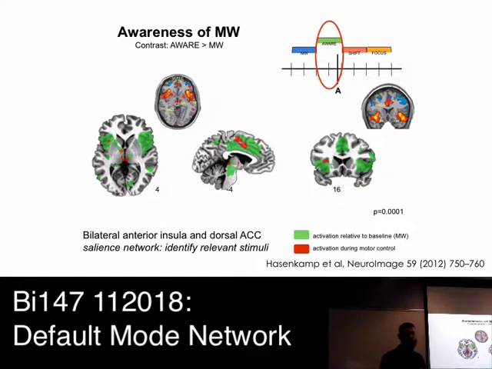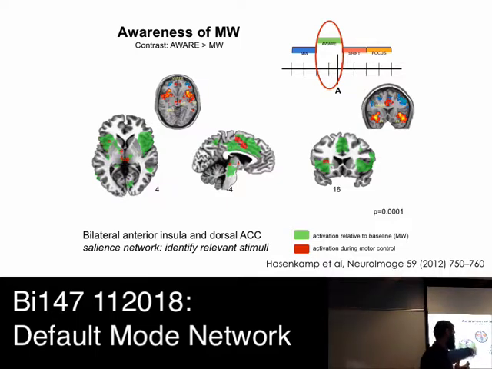The first one let's look at is when they actually click the button. Turns out when the person is clicking the button, when they become conscious that their mind is wandering, self-aware, well, not too surprising, the bilateral anterior insula lights up.